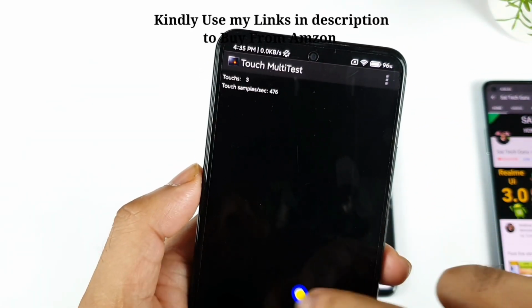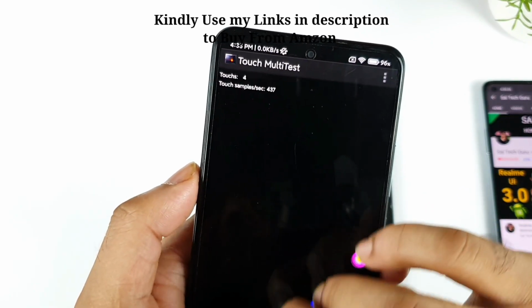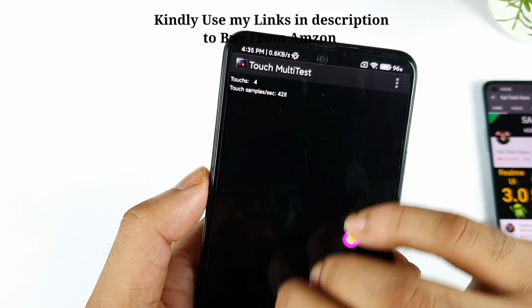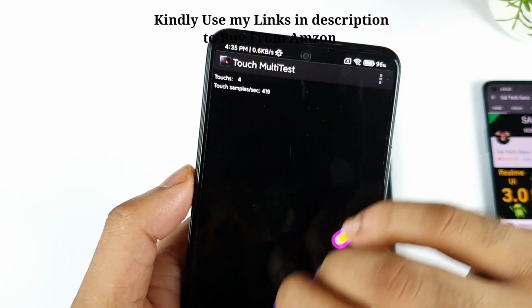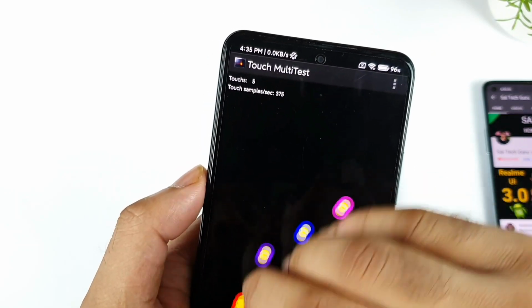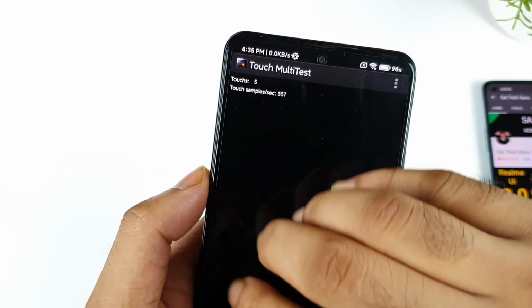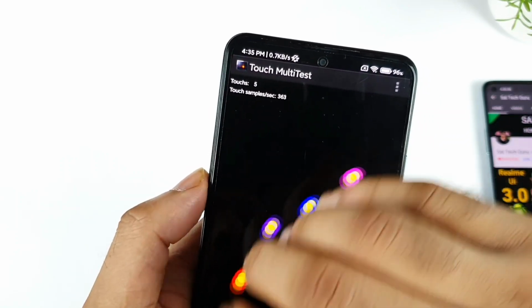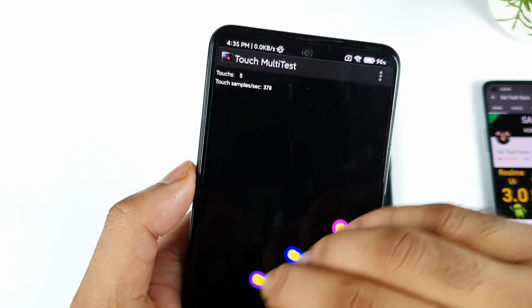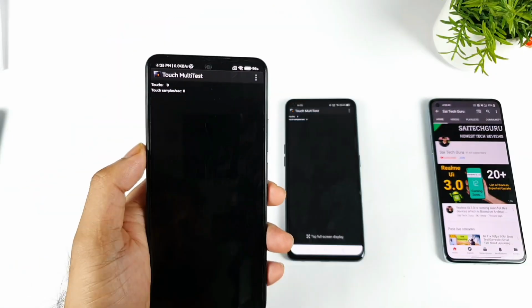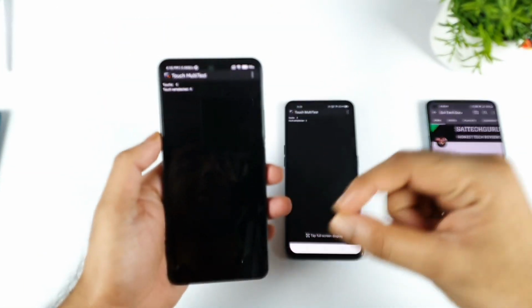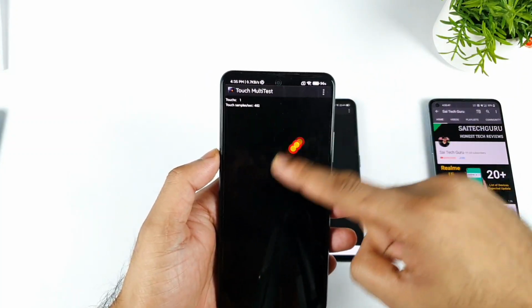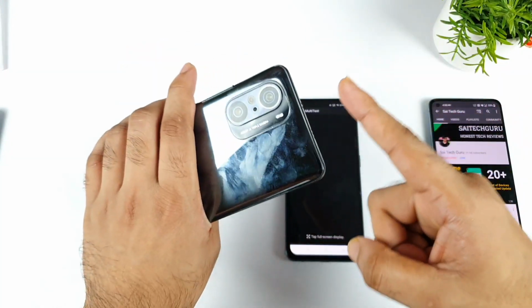With three inputs it's 470, and with four inputs the touch sampling rate decreased a little bit to 420. With five touch inputs it became 360. So 360 minus 120 Hz refresh rate gives you 240 Hz touch sampling rate using five fingers. With a single finger, you get 360 Hz in the Mi11X device.